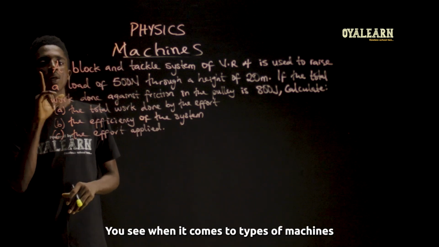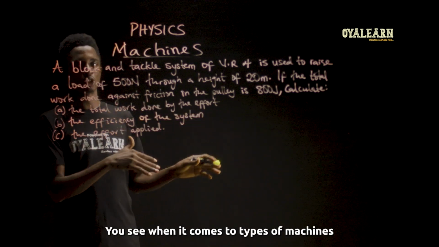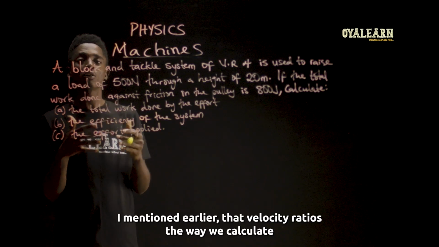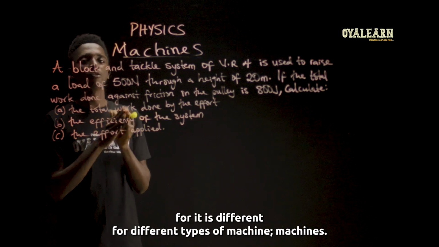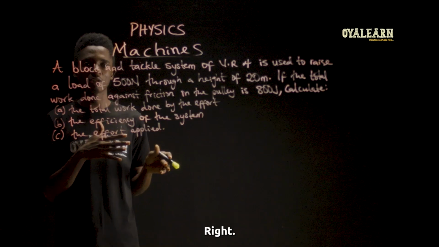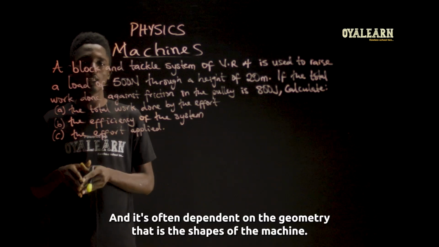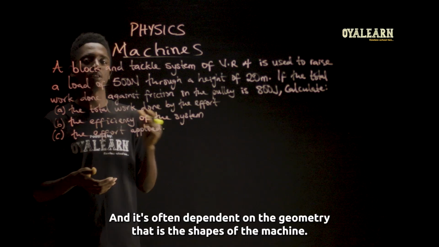You see, when it comes to types of machines, I mentioned earlier that the way we calculate velocity ratios is different for different types of machines, right? And it's often dependent on the geometry, that is the shapes of the machine.